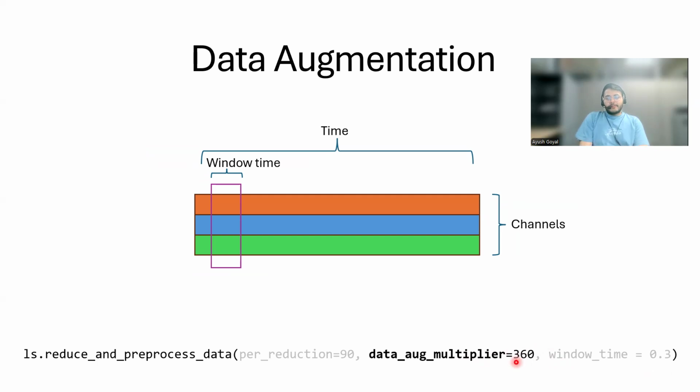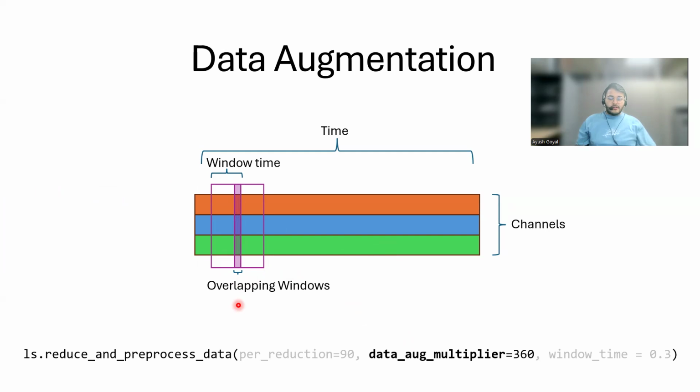To understand what happens behind the scenes, you have the data, and let's say you are performing windowing on it. When you have this on, you have overlapping windows on it. Because you have overlapping windows, the number of windows increases. Because the number of windows increases, the data increases.